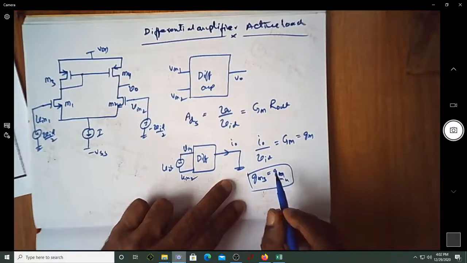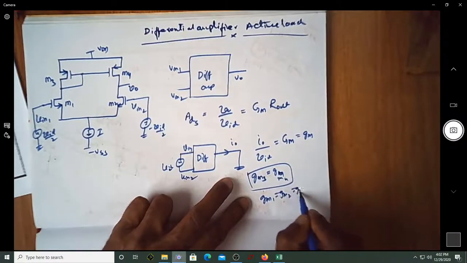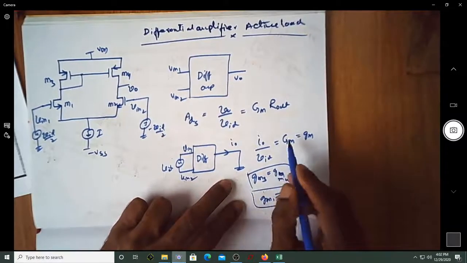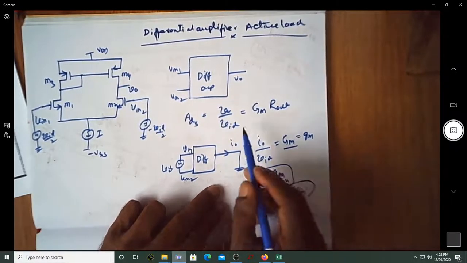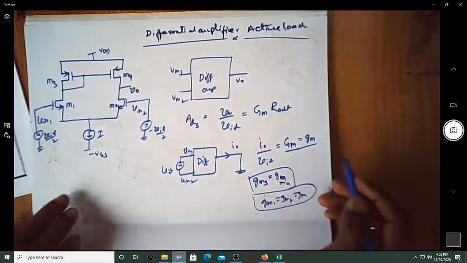With this assumption, as well as assuming GM1 equals GM2 equals GM, we get the short-circuit transconductance of this differential amplifier as GM itself.